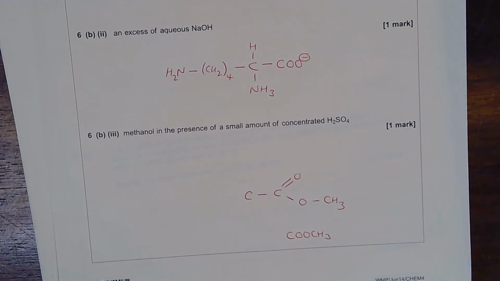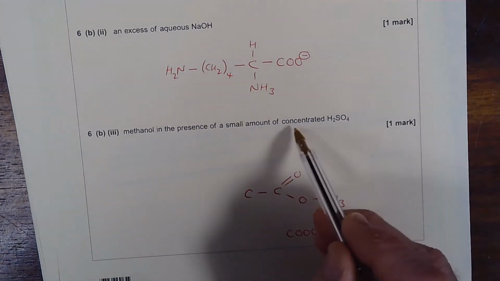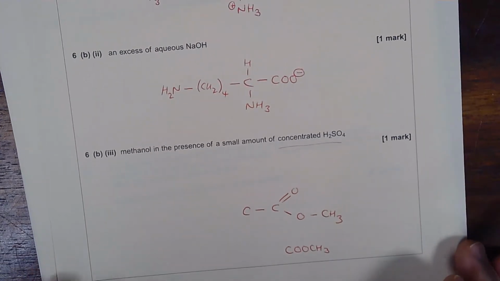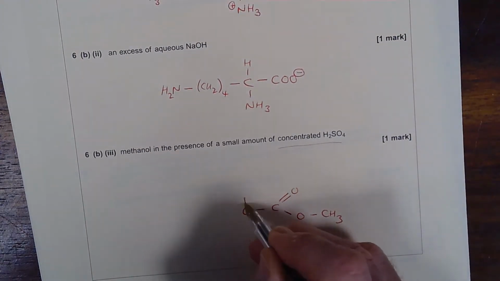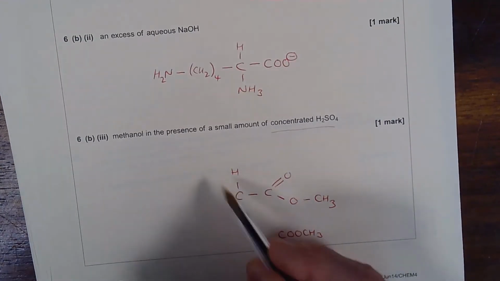Now in this particular case, we're in a small amount of concentrated sulfuric acid, so there is a question about whether the amino groups on the chain would be protonated. If there was sufficient acid, it would probably protonate the amino groups, but you would get the mark whether you protonated them or not.